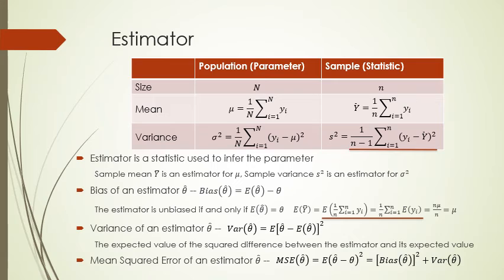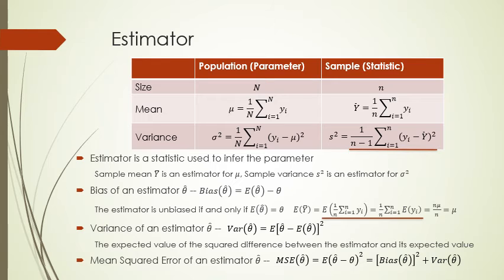The mean squared error of an estimator theta hat is the expectation of the squared difference between the estimator and the parameter theta. Thus, mean squared error is an important performance measure of the estimator.